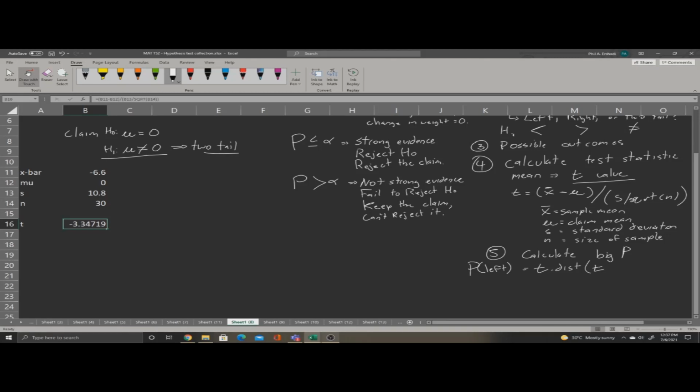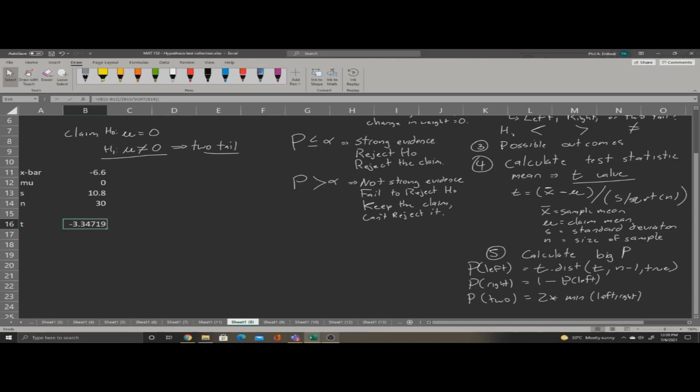First we enter the test statistic t, comma, n minus 1, comma, true. After this, to calculate the right tail, this is just 1 minus the left. And then for two tail, this is just 2 times whichever one is lower, the left or the right. We'll still use the MIN formula and put the left and the right inside.